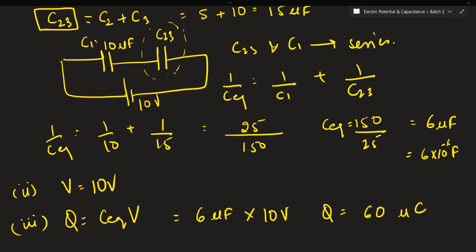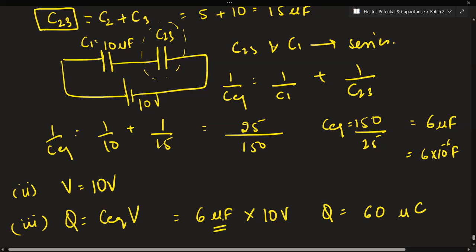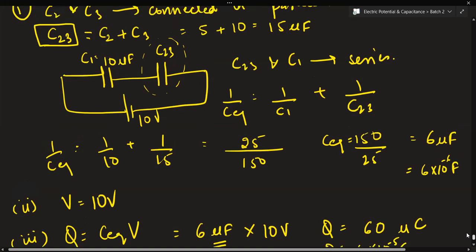If you mention the units, you will be able to understand this is not an SI unit. It is coming 60 microcoulomb. 60 microcoulomb is different from 60 coulombs. If you don't focus on the unit, you can either convert it in this manner, or write it as 6 into 10 to the power minus 5 coulomb. That's correct. All right. So quickly copy it down.